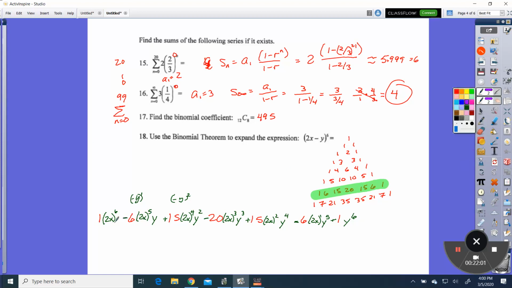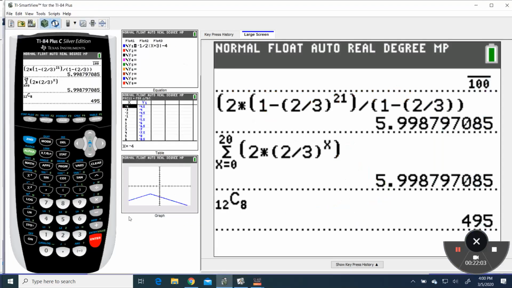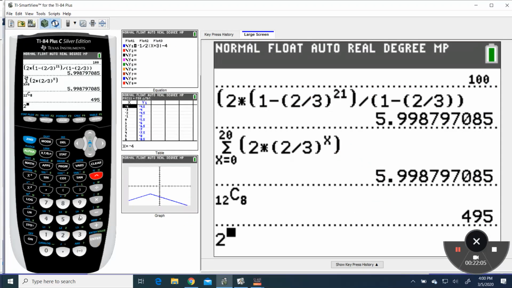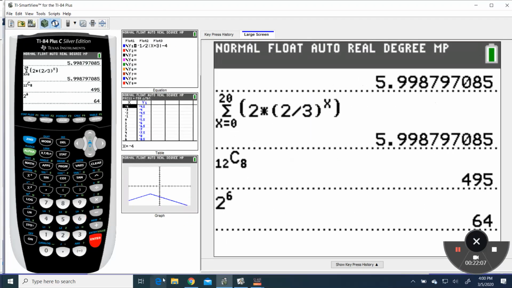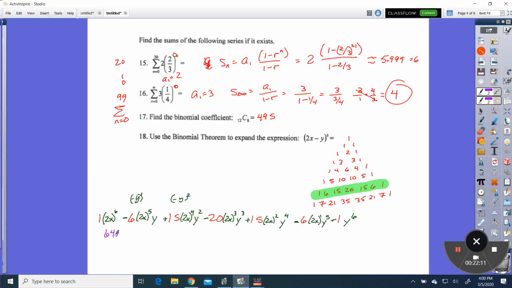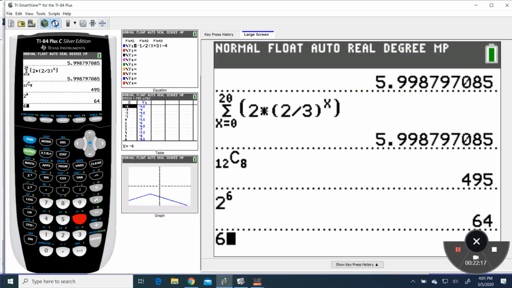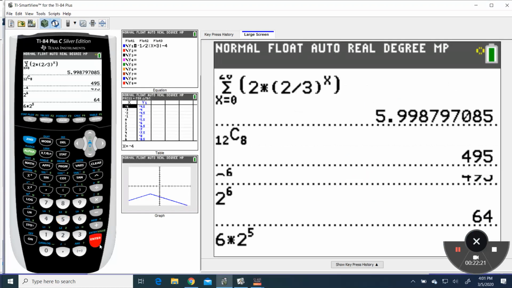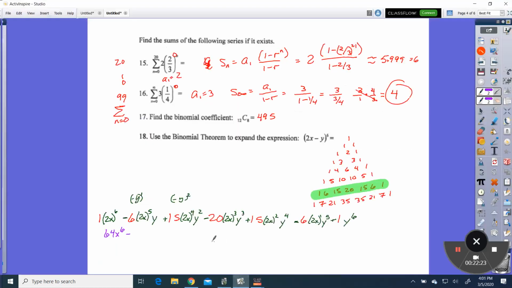You can just type this into your calculator, 2 to the 6th. So 2 to the 6th is 64. So this is 64x to the 6th minus 6 times 2 to the 5th. So 6 times 2 to the 5th is 192, x to the 5th y.